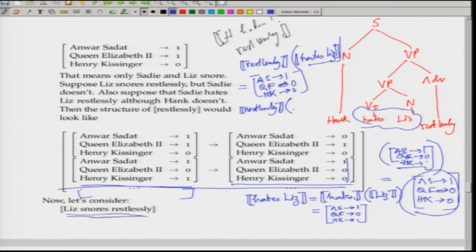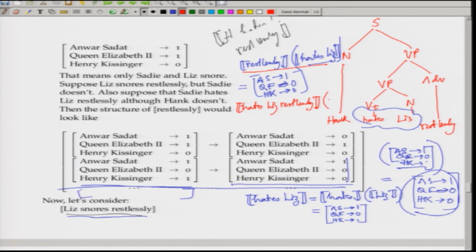We have already got it, so I just erase it. It will now be actually hates Liz restlessly, which we have already calculated.